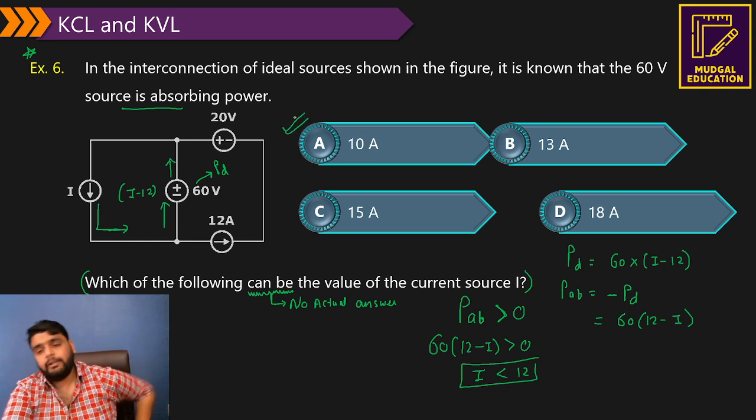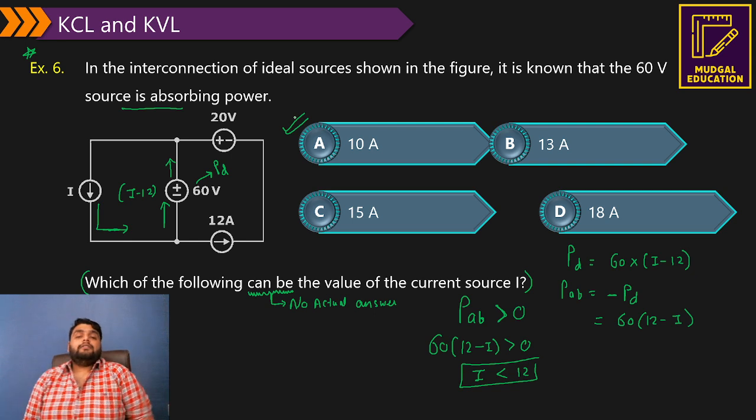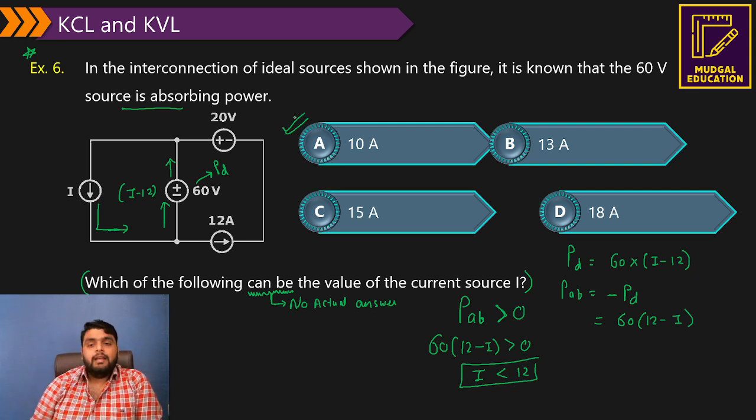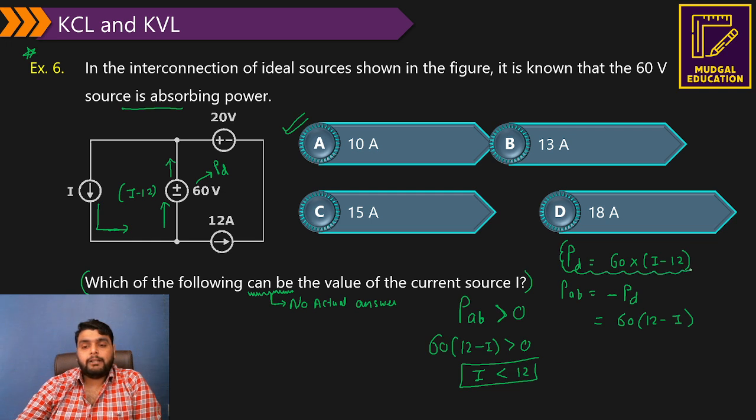Okay, understand this phenomenon very carefully. First, according to the direction of current, we find out the power delivered, but we need the power absorption because it is given in the question. So power absorption is negative of power delivered. So we got 60 times 12 minus I. Now in the question it is clearly mentioned the 60 volt source has to absorb power.